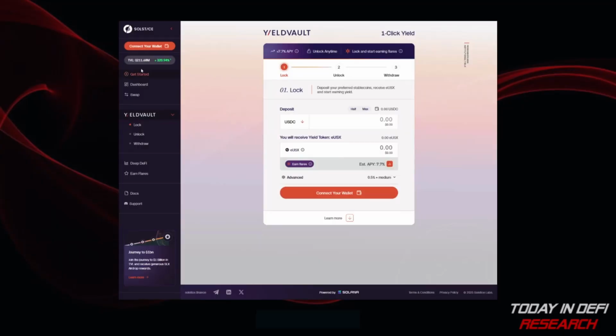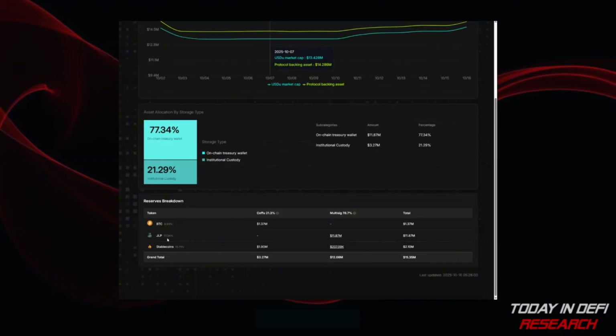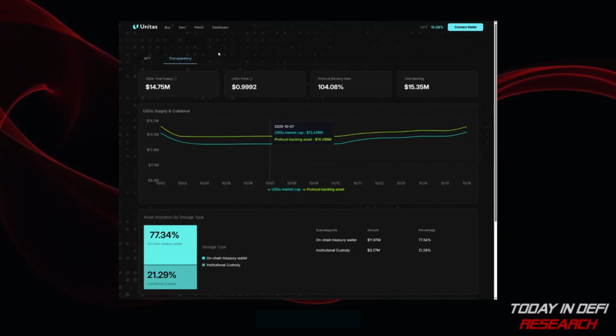In contrast, Solstice, which launched only 3 to 4 weeks ago, already has a TVL of 200 million, while USDU has been launched for a little more than 2, close to 3 months. I think that's one of the reasons why Solstice is much more scalable. Not to mention that JLP APY can be volatile when the market is quiet, and the funding rate for JLP underlying assets can be volatile as well. So that is for Unitas.